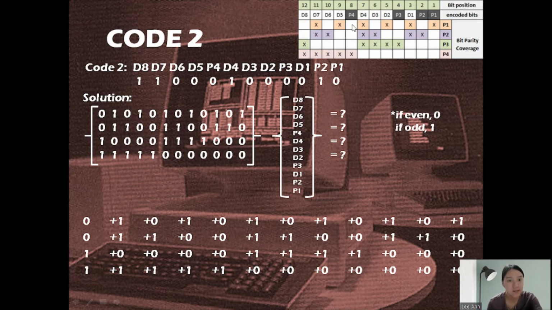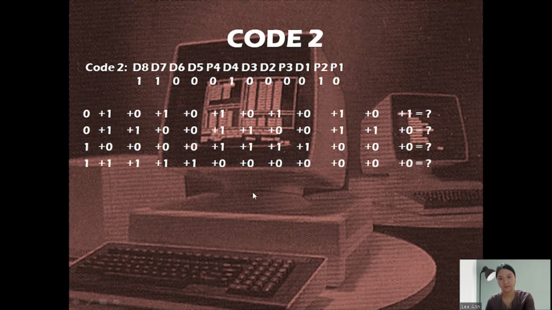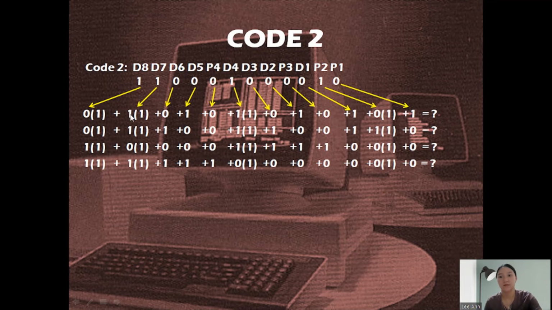It is still the same because this coding scheme is 12-8. Just like before, we're going to multiply them and then disregard the set of numbers that will be multiplied to 0 since their product is automatically 0.